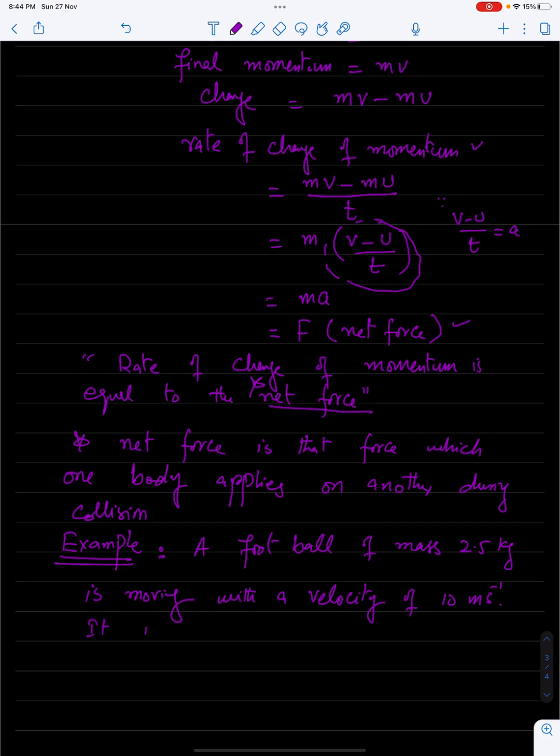It is hit by a force in the same direction and its velocity becomes, let's say, 12 meters per second.